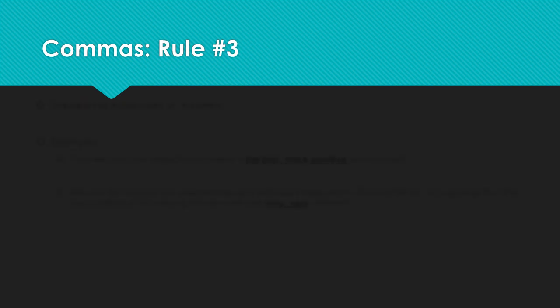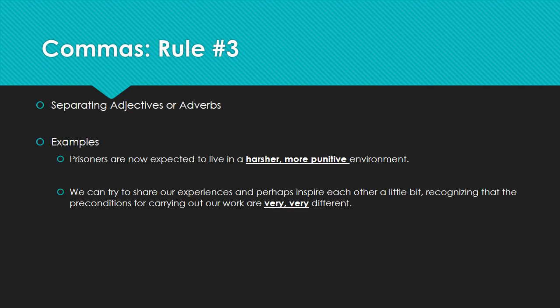Our third and final comma usage rule is that we use commas to separate adjectives or adverbs. This helps us string together a series of descriptive words to add emphasis and detail to our writing. Let's look at the first example. Prisoners are now expected to live in a harsher, more punitive environment. Can you identify the adjectives and or adverbs?